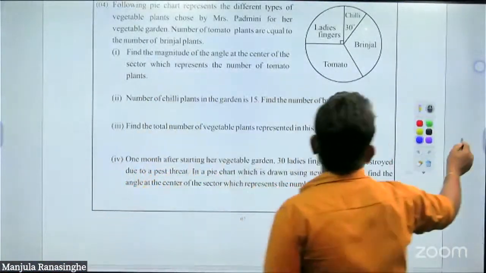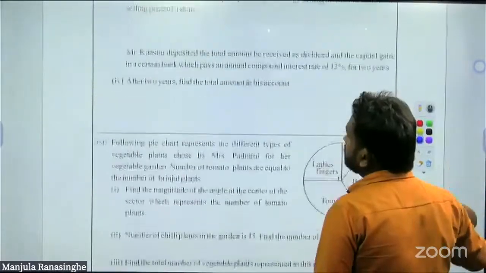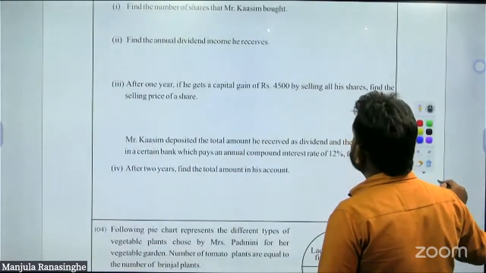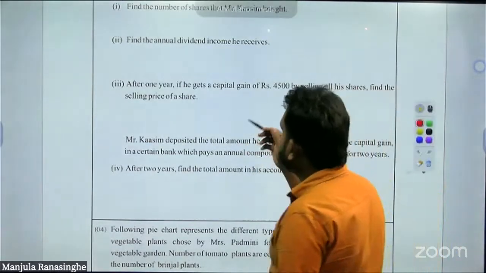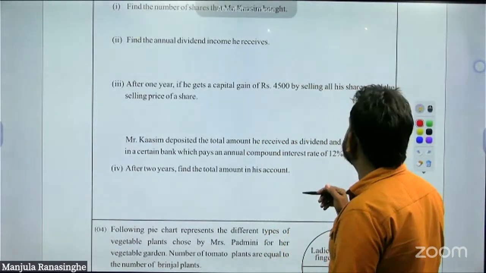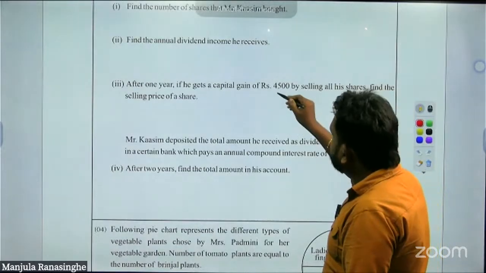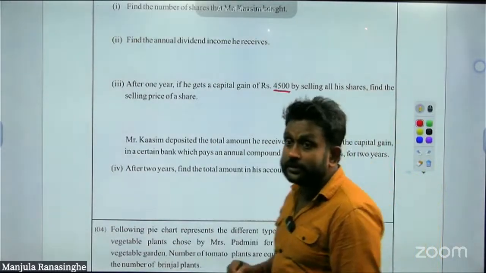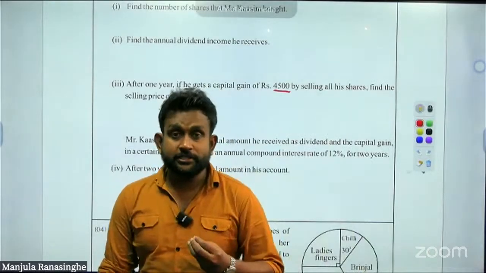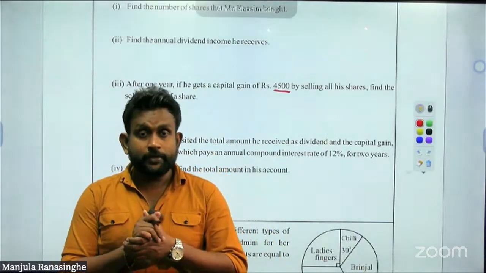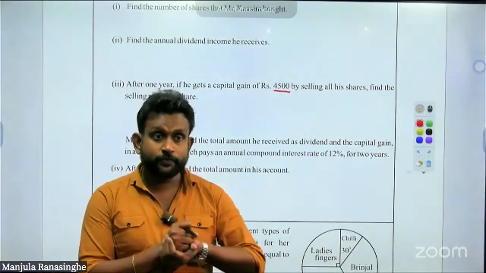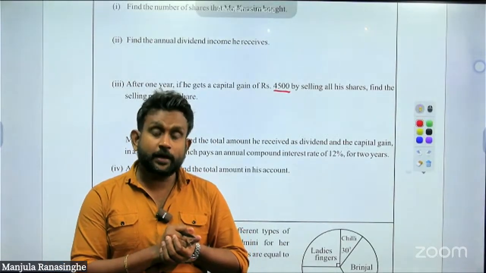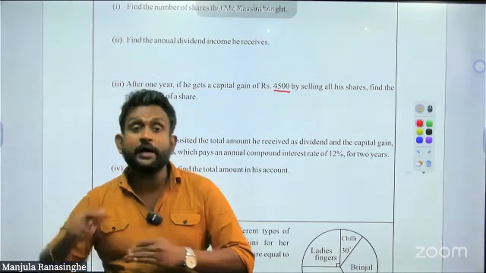Yes, son, which one? The third one. Here, son, after 1 year he gets a capital gain of this much by selling. Find the selling price. Capital gain means, imagine I bought shares at a certain price now, then I sell after a certain period at a higher price.